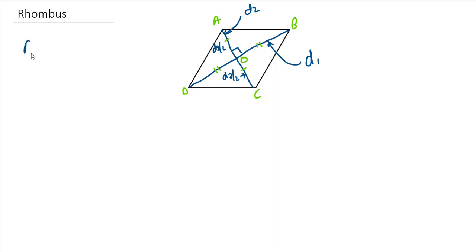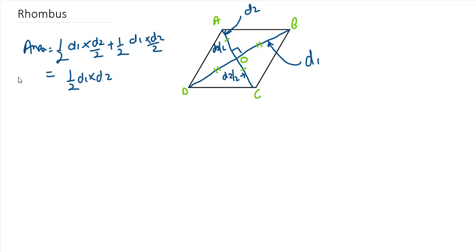So the area of the rhombus will be given by area of the upper triangle plus area of the lower triangle, which will be half d1 into d2 by 2 plus half d1 into d2 by 2 for the lower triangle. From this we will get half d1 into d2. So this is the formula for the area of a rhombus.